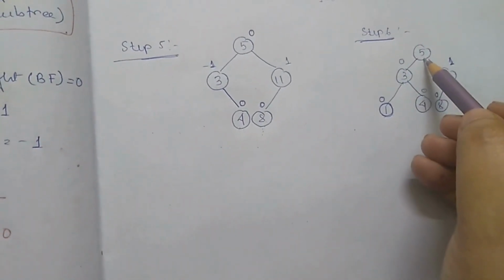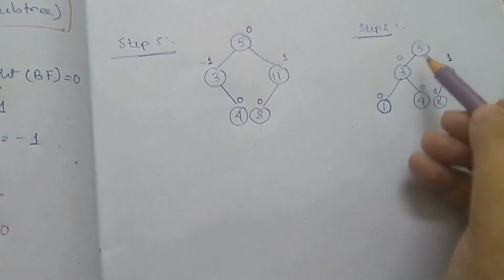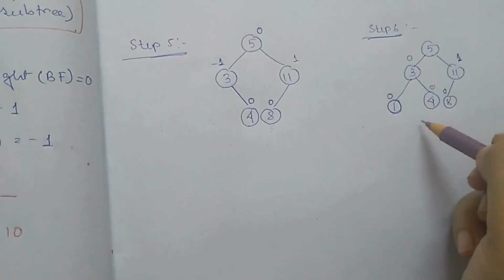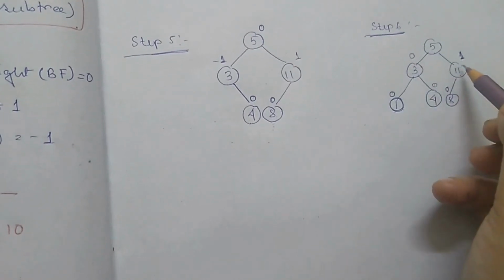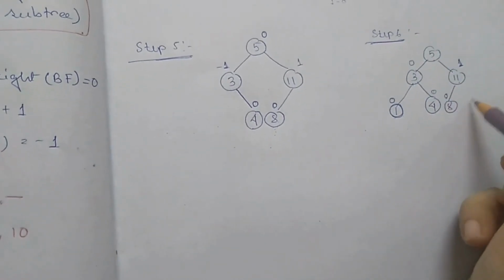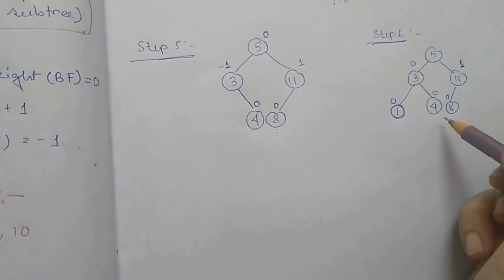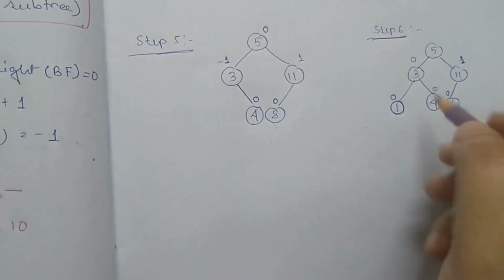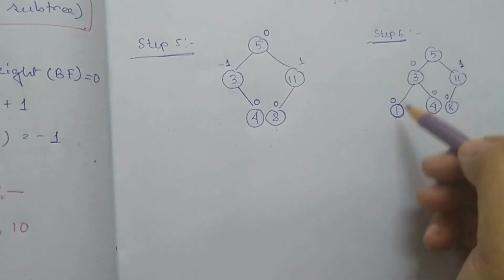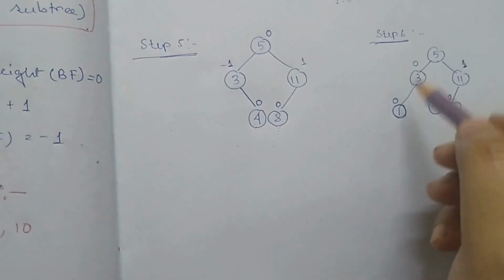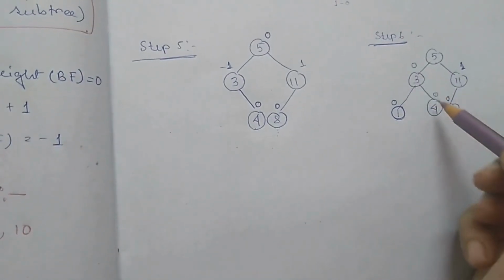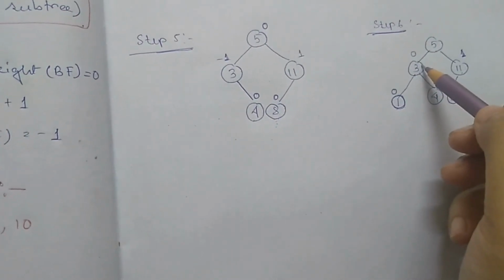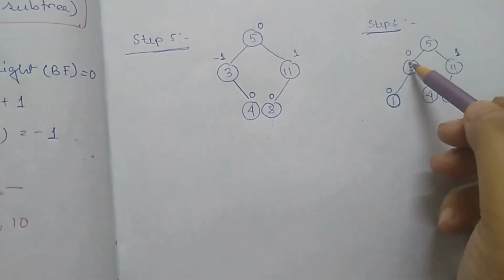Now when we consider the root node value, that is 5, in that case here we see that the total number of nodes in the left subtree is 3, but when we consider the right subtree, the value is 2. Now in that case, in most of the cases the confusion occurs, that is which height we should consider. In that case, if the height is the same in both sections, we consider any one, means the left subtree or the right subtree.